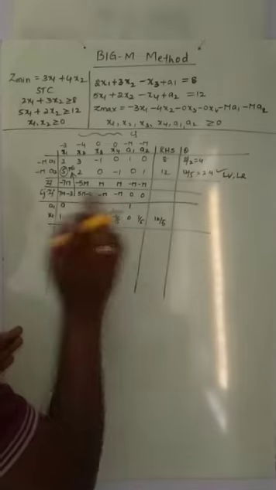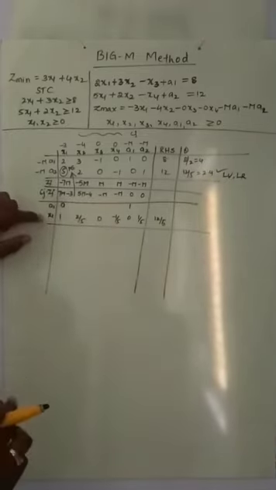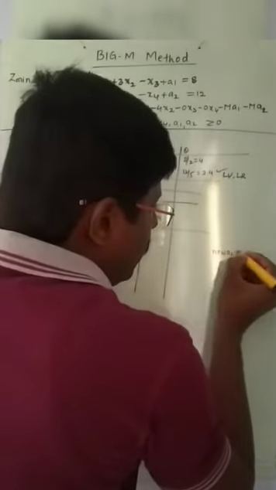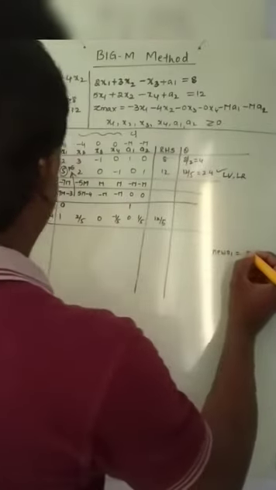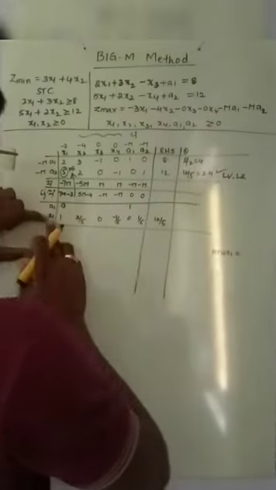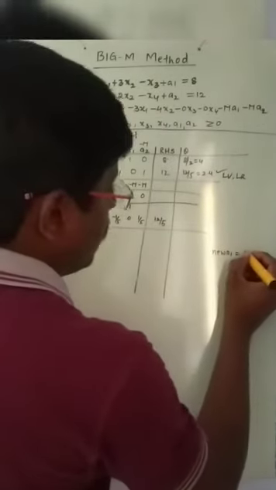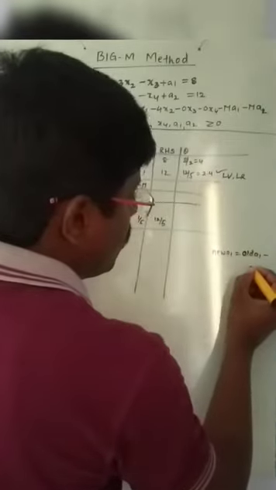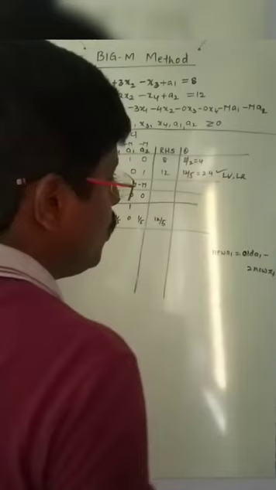To get 0 and 1 in this place, what I'll do is multiply new x1 by 2 and subtract it from a1. So old a1 minus 2 into new x1 gives new a1.